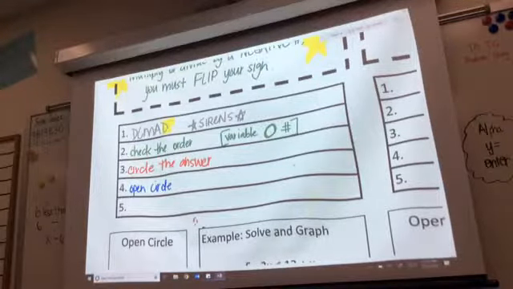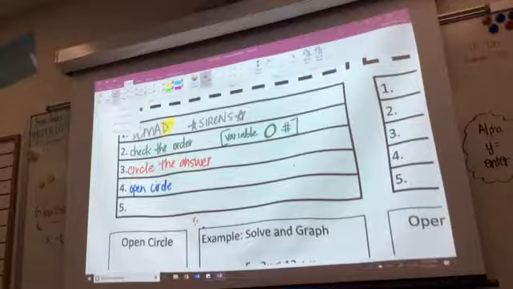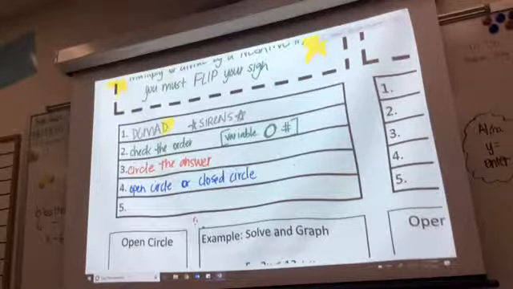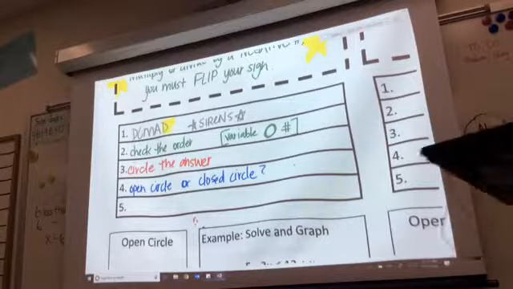Wow, that doesn't look like a circle. Let me fix that. I apologize, guys. A circle or closed circle. Is it open or closed?